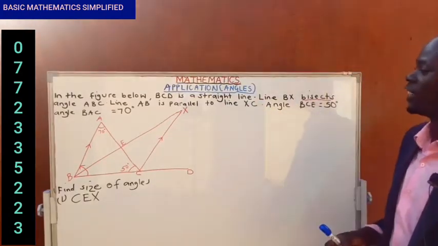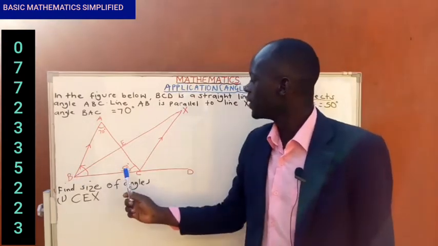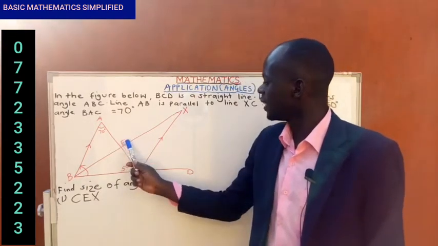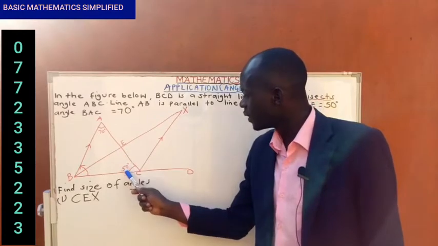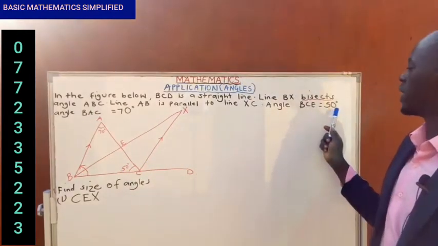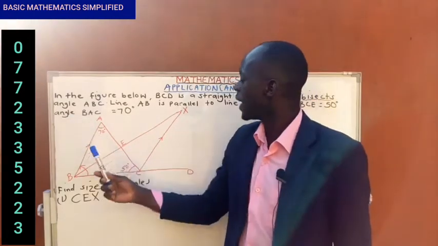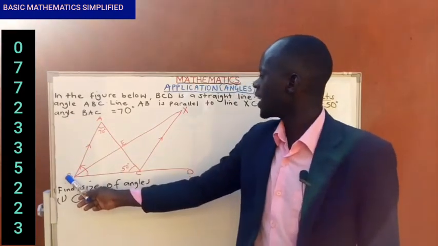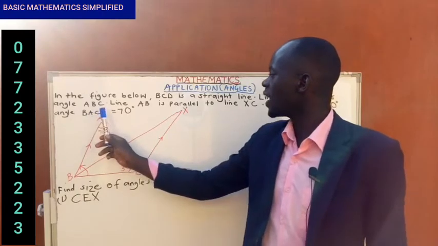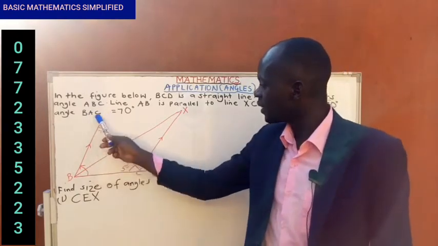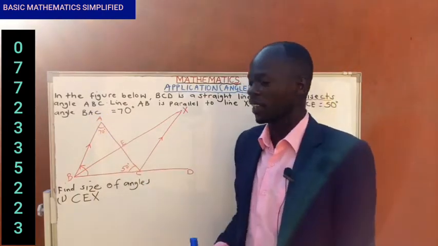Angle BCE, where is angle BCE? This angle is 50 degrees. Don't forget the symbol. And angle BAC is that angle which is 70 degrees.